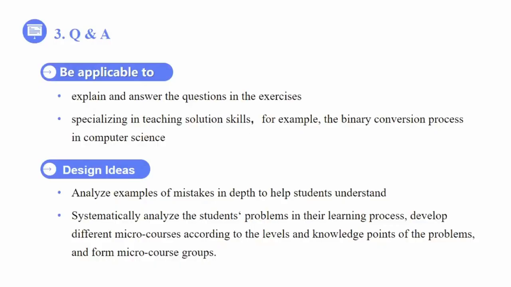For Q&A microcourses, we should analyze examples of mistakes in depth to help students understand, or systematically analyze student problems in their learning process, and develop different microcourses according to the levels and knowledge points of the problems, and form microcourse groups.